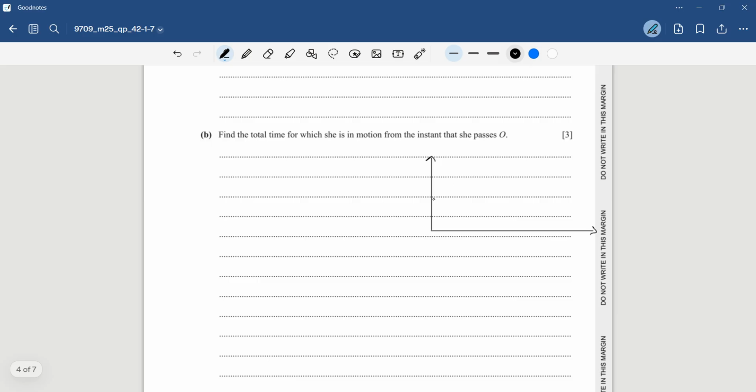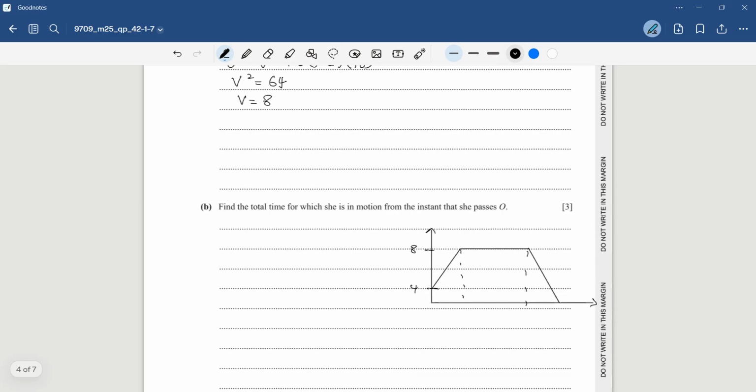Since they said it begins with 4, I just go until here, and then constant velocity here, and then she comes to rest. So here is 4, rest should be until here, and here is 8.